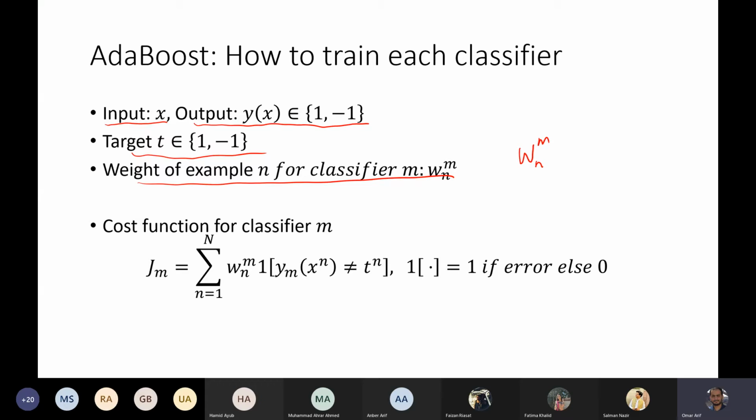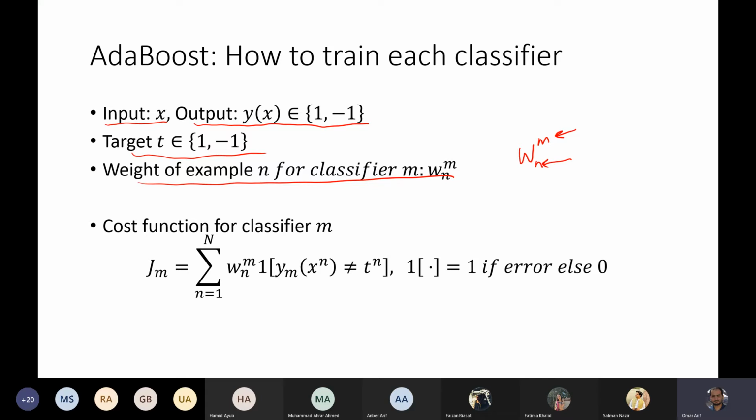Let's say first round classifier, second round, and so on. The superscript is for the classifier, and the subscript is the example number. So initially, all examples would start with the same weight.